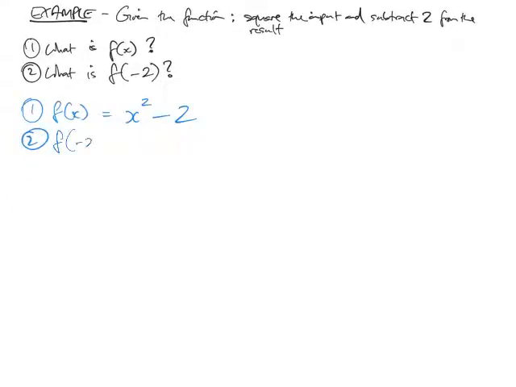So f of negative 2 is going to be the result of that number being put through the function. So negative 2 being squared, take away 2. Negative 2 squared is positive 4, take 2, and 4 take 2 is 2.